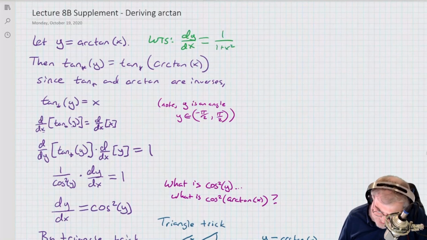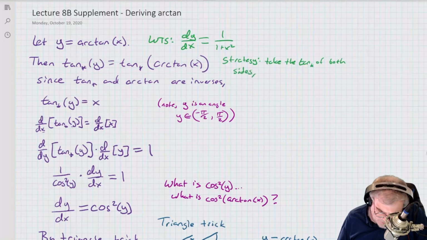And my strategy: take the tan of both sides, and implicitly differentiate.